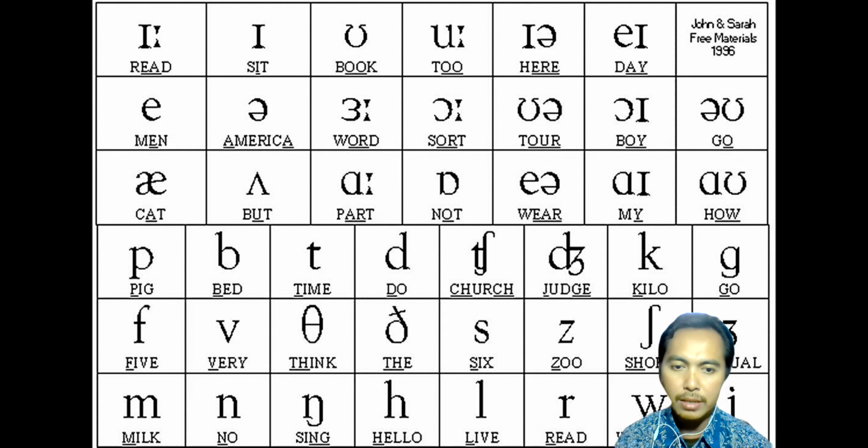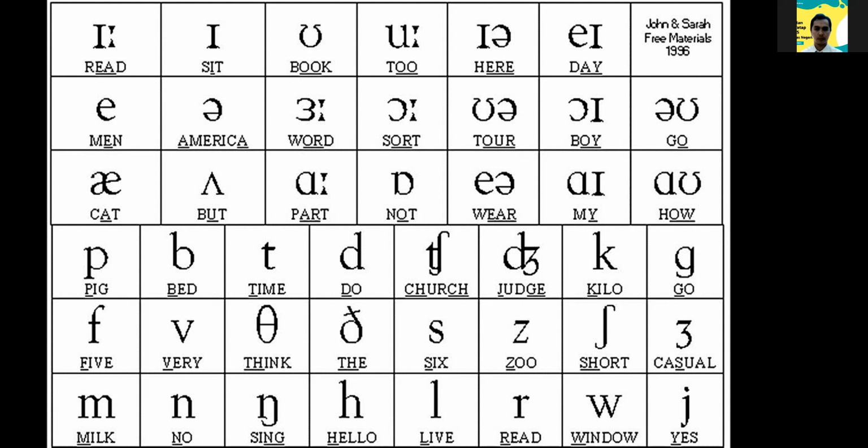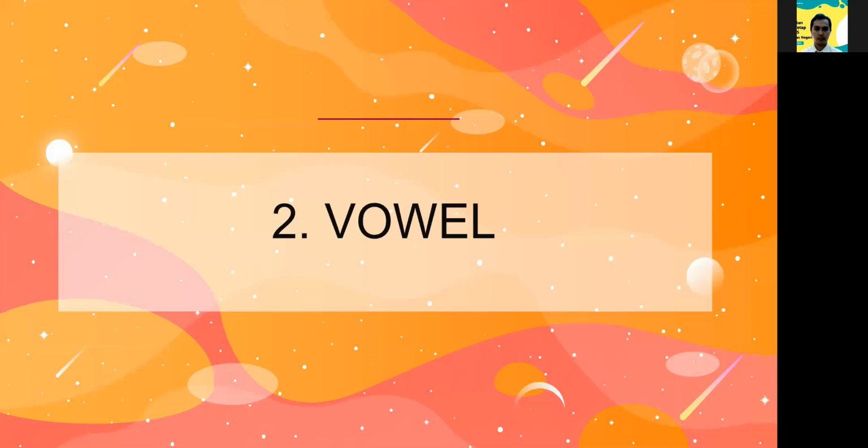You see here, starting from the fourth line: pig, bed, time, do, and church, ch, judge, j, kilo, go, five, very, thing, the, six, zoo, short, sh, casual, milk, no, sing, hello, live, read, window, and yes, or yeah. You also see the list of vowel sounds here, and we will discuss more in the vowel discussion. So the second one is the vowel.